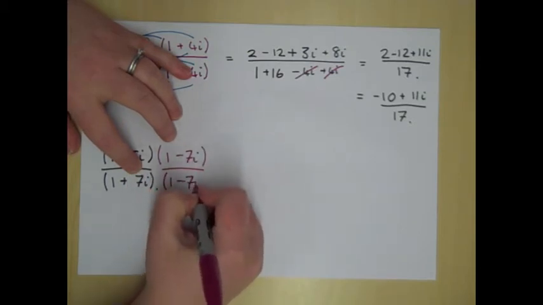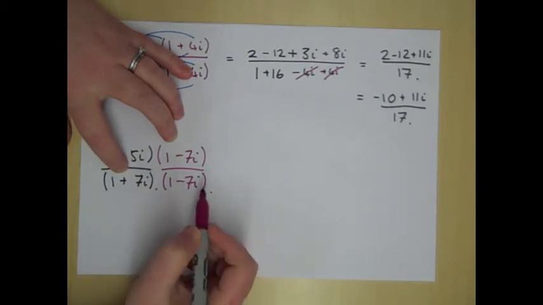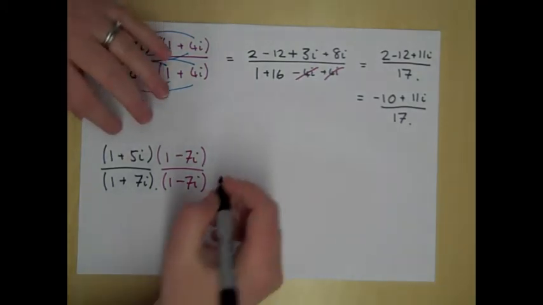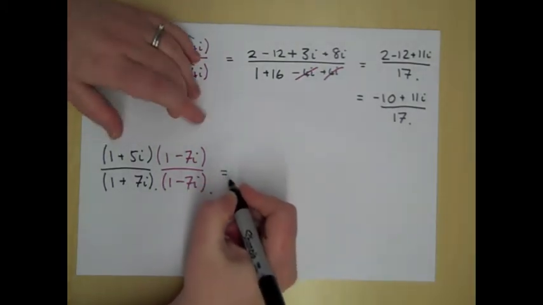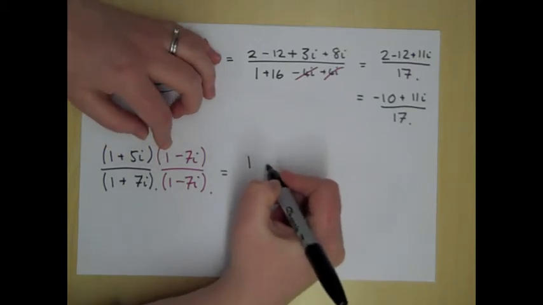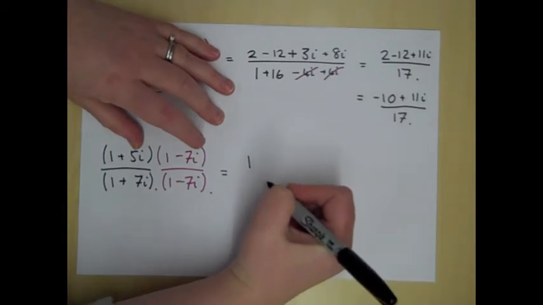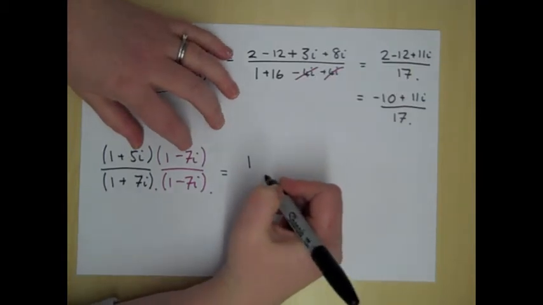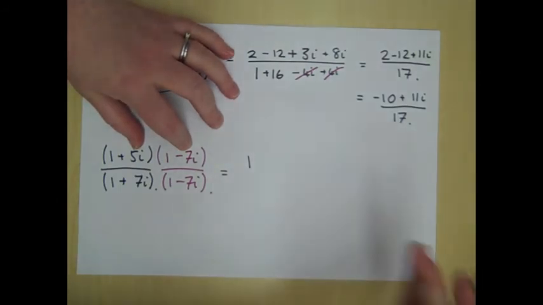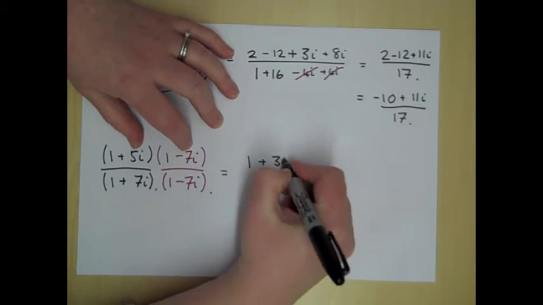Here it was a plus sign, so now in my complex conjugate it's a minus sign. Everything else is the same. So if I was going to evaluate this, I have 1 times 1 plus 5i times minus 7i. That is going to be minus 35i squared, which becomes plus 35.